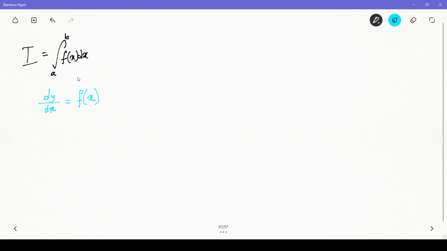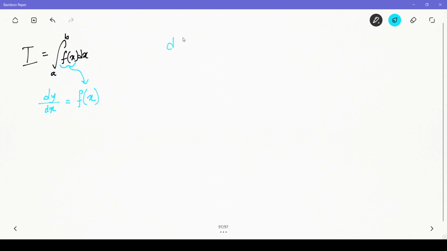Initially, what we'll do is take this integral and express it as the differentiation of a particular variable y. If you look carefully, this y is the same thing as the integral I, because we know the differentiation of an integral is the actual function.